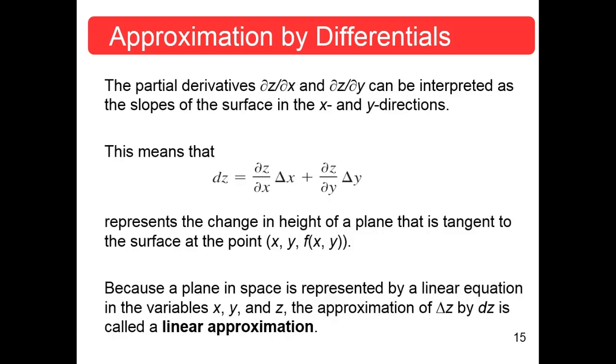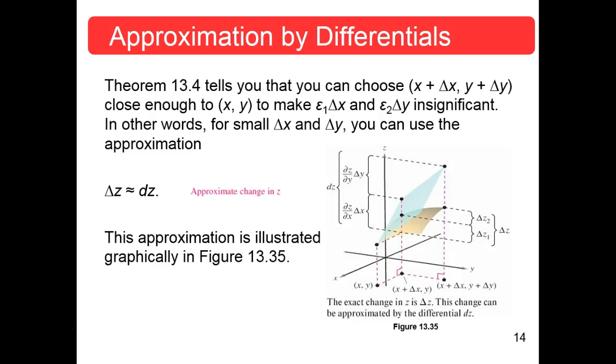Now, the partial derivatives, partial z with respect to x and partial z with respect to y, can be interpreted as the slopes of the surfaces in the x and y directions. And that is really what I was talking about here. This is that slope, partial z with respect to x, and then this is the slope, partial z with respect to y, okay? At a different point, but it's still that partial.